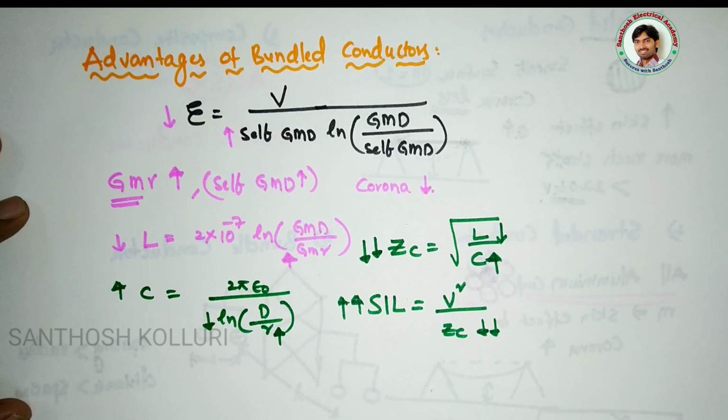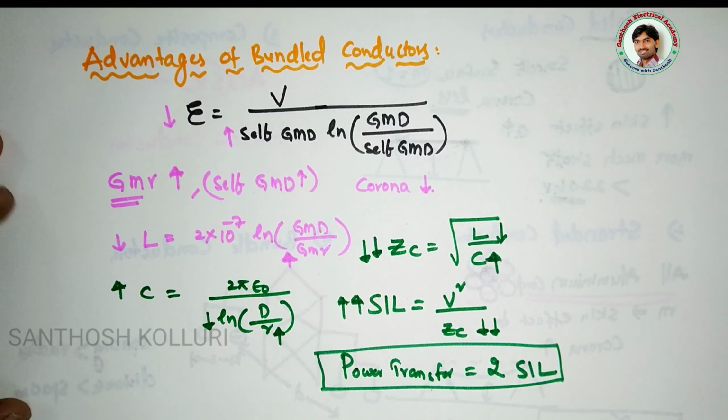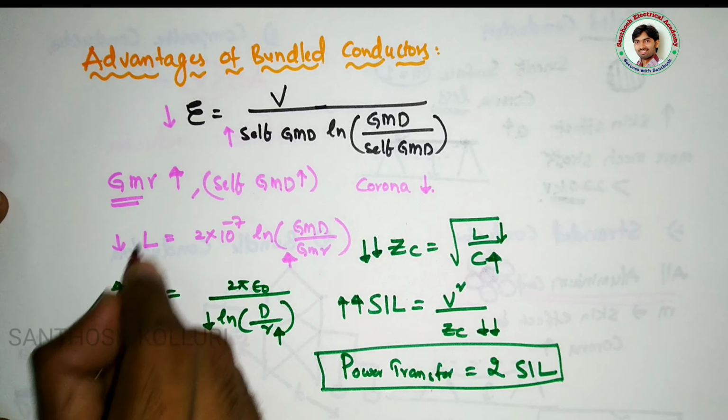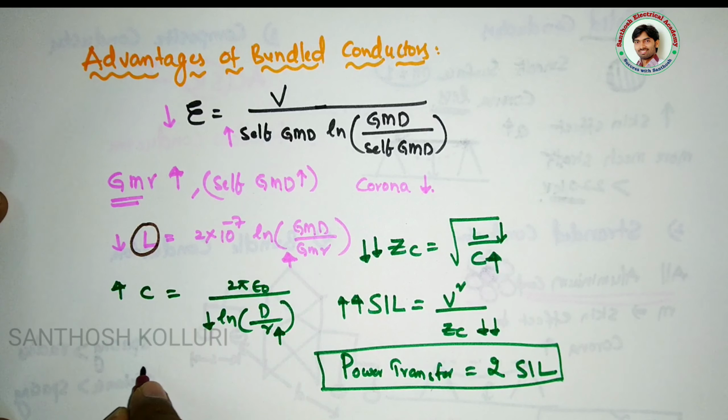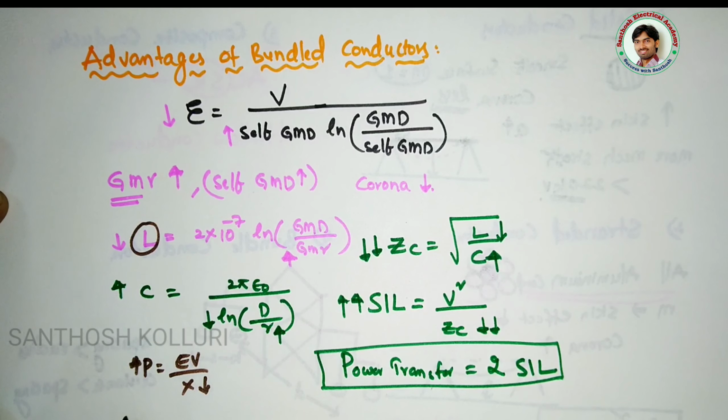When the value of surge impedance loading is increasing, the power transfer capability will be increasing, which is given as 2 times of surge impedance loading. Power transfer capability is increasing. Okay, so this is the advantages of using bundle conductors, right? So therefore, as the value of inductance is reducing, then the power P is equal to EV by X is also increasing. The stability of the system is also improved.